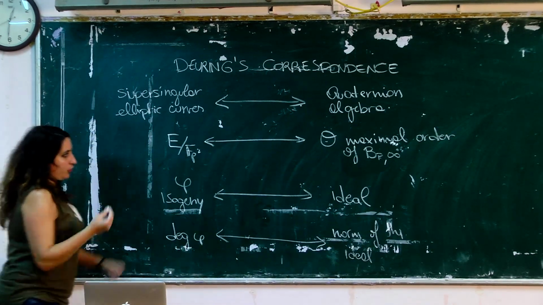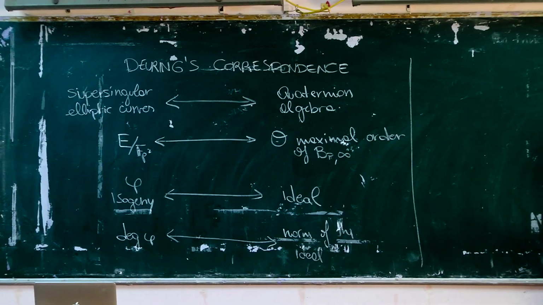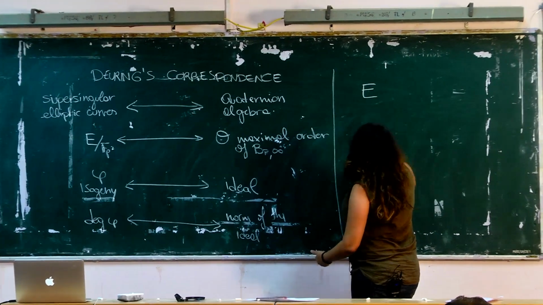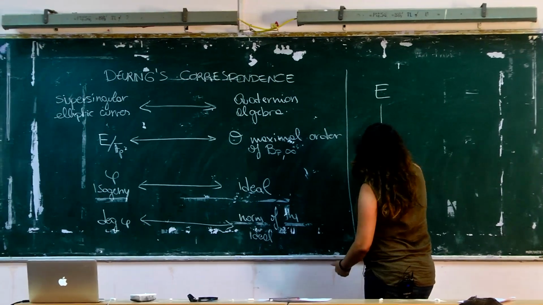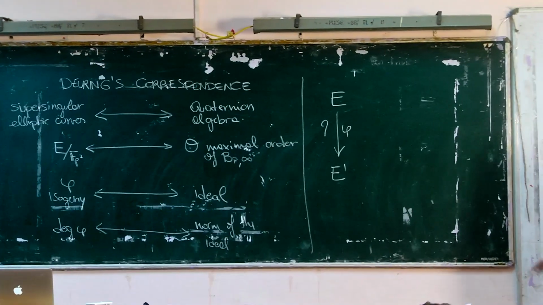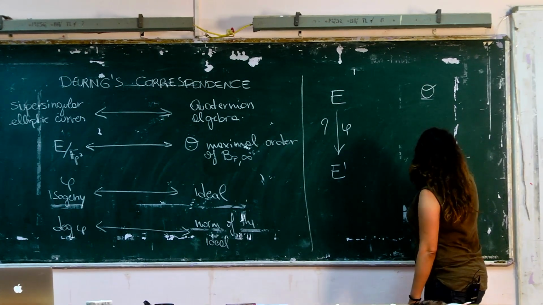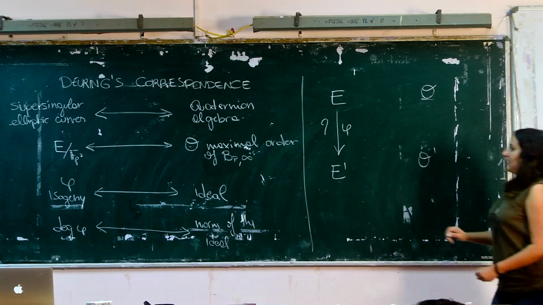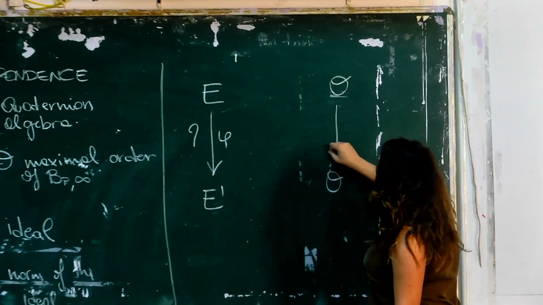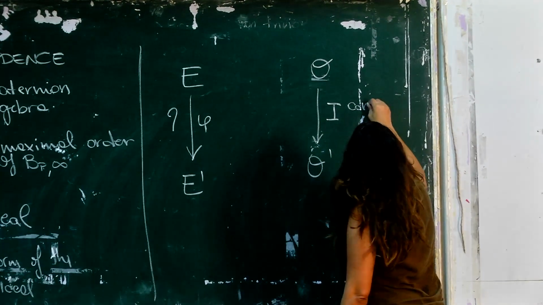So just to give you an idea why these two problems are equivalent, and again, there is a lot of math behind that: remember, the supersingular isogeny problem is, given E and E prime, you want to find an isogeny between them. Now let us go to the other world. In this other world, we have two maximal orders, O and O prime. And here the problem is to compute what is called an ideal I, a connecting ideal.